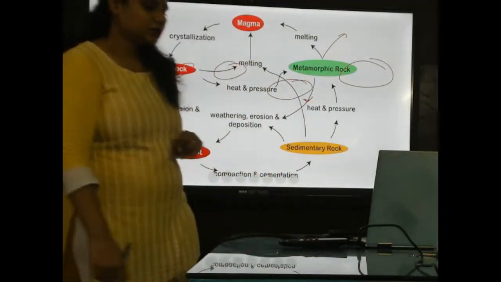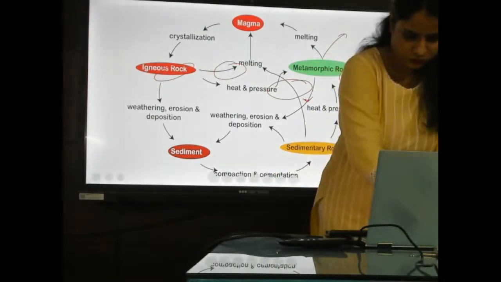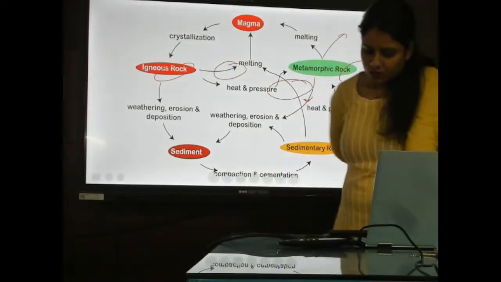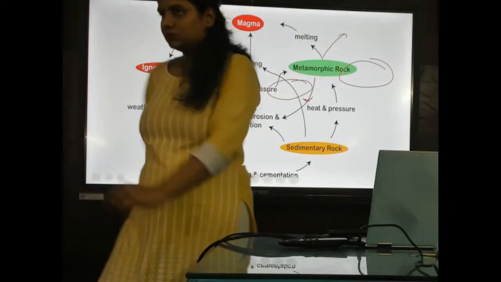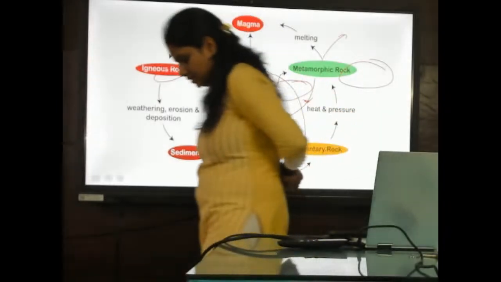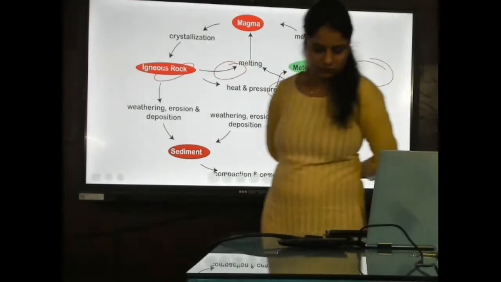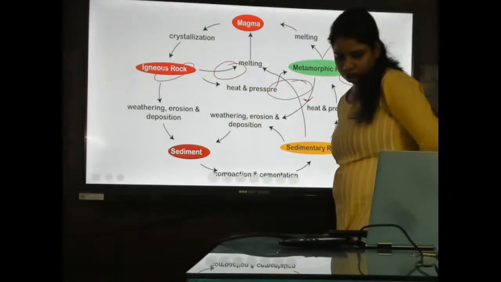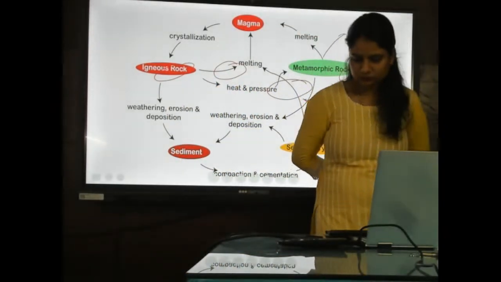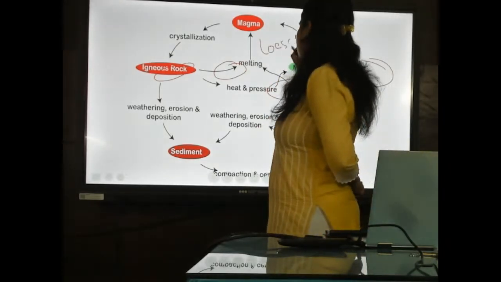In sedimentary rock, write down sandstone, conglomerate, limestone, shale, then loess.